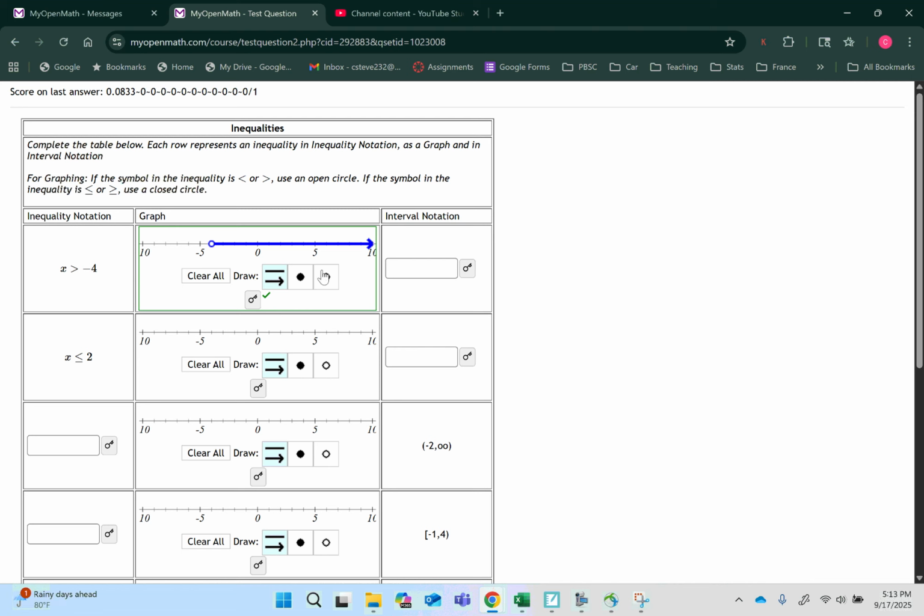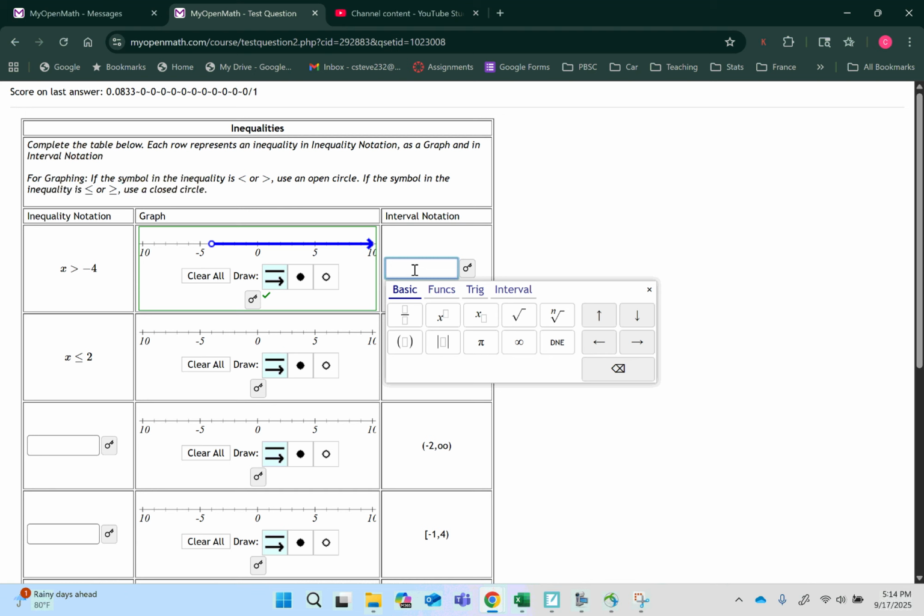So now we'll go and translate this into interval notation. Whenever you have an open circle, you will use what I call a soft parenthesis or a soft grouping symbol. Whereas if the equality condition is in the inequality symbol, you will use a hard bracket, which is the square bracket.